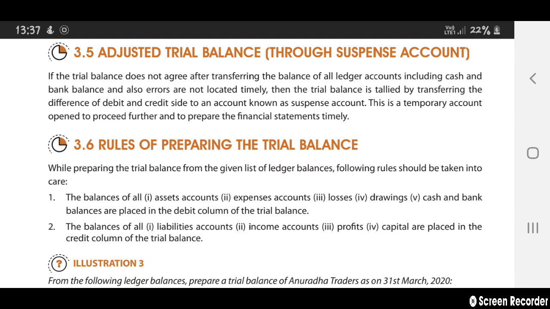It is a temporary account opened to proceed further and to prepare the financial statements in time.